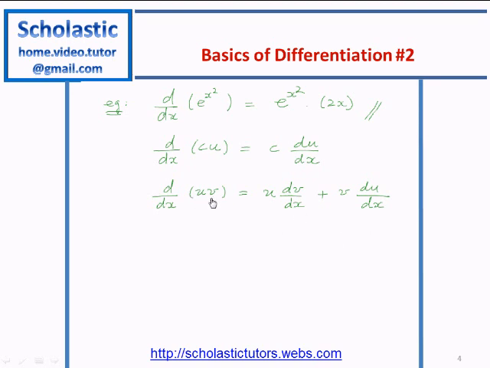And instead of u and v, we can have three functions, u v w, d over dx of u v w, all are functions of x. Then take two together, always: u v times dw over dx plus v w du over dx plus u w dv over dx.